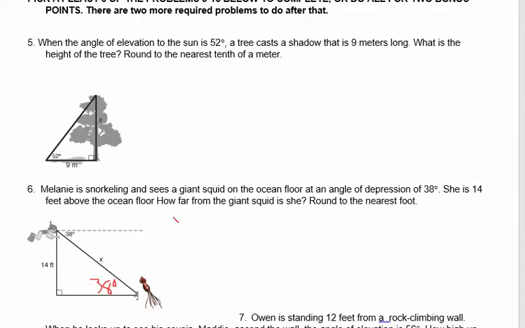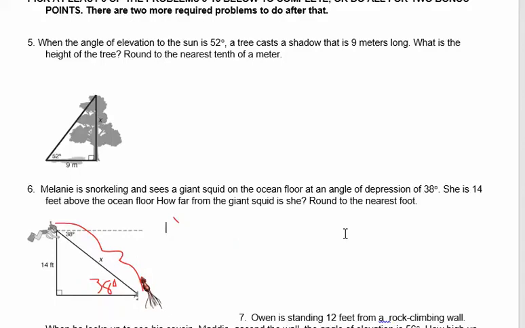And we're looking for this distance, x, between Melanie and the giant squid. We're going to use some trigonometry to do this. We have an angle measure, and we have a side opposite that angle, and we're looking for the hypotenuse. So you think to yourself, is it sine, cosine, or tangent that would be the most helpful here?